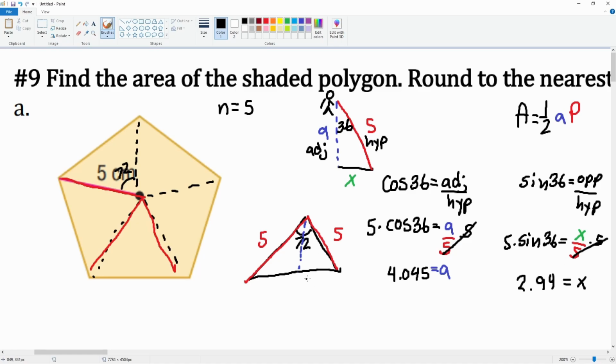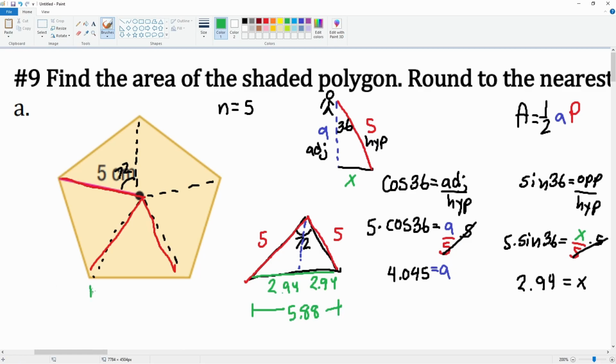If this part is 2.94, this part is also 2.94. The whole thing is going to be 2.94 plus 2.94, which is roughly 5.88.